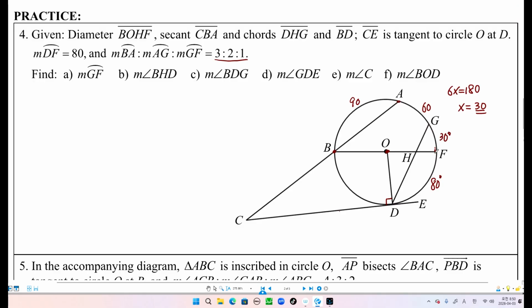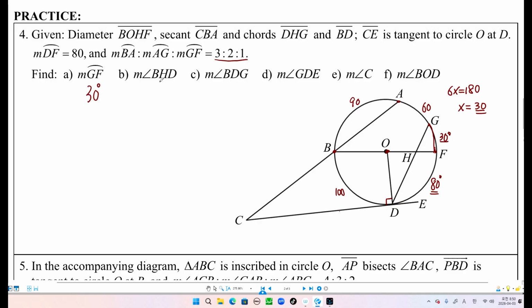And also this is part of the semicircle, right? So 80, the other one is 100, right? Maybe you can figure it out. So from all these numbers, we're going to find the measurable arc GF. Where is GF? Here, we already got it over here, right? GF is what? 30 degrees.